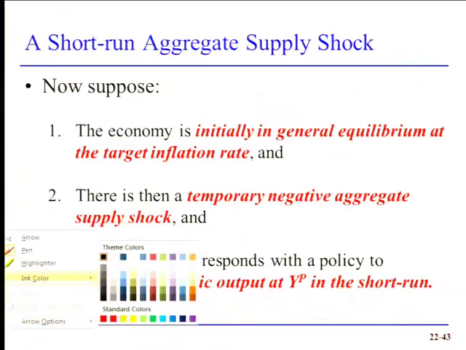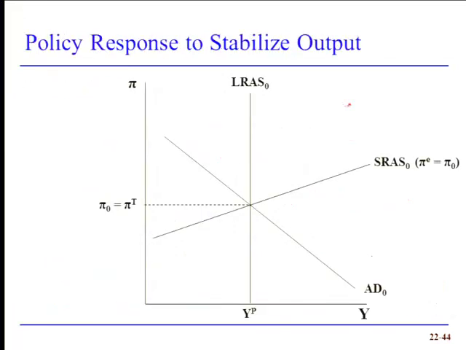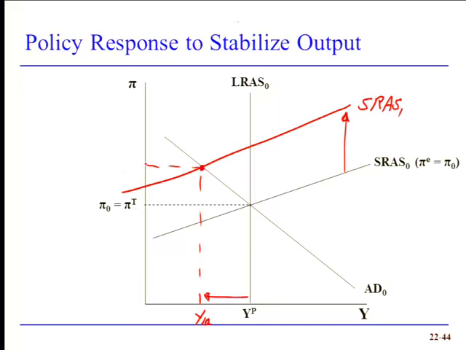Now, rather than thinking about targeting inflation, let's suppose they decide instead, same temporary negative short-run aggregate supply shock, they try to stabilize economic output. So the first part of this is exactly the same. Economic output falls. Inflation rises.